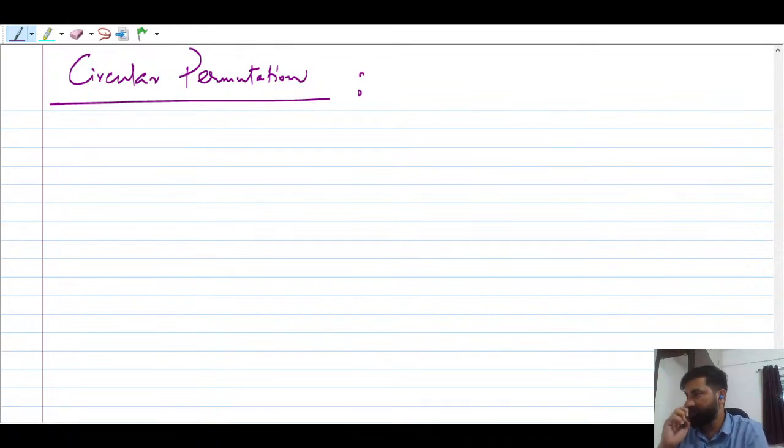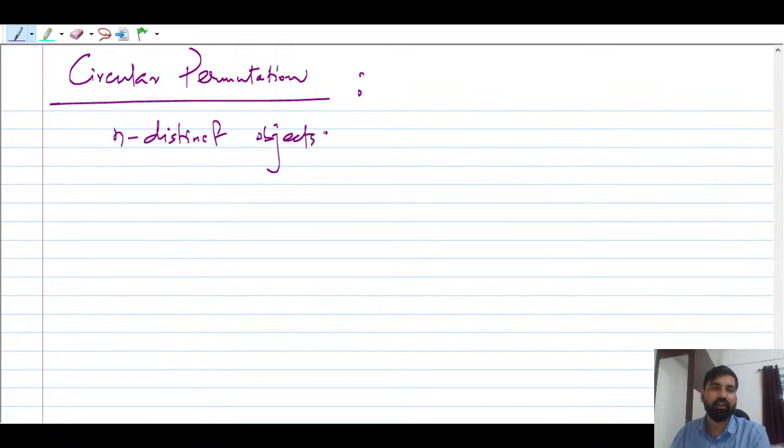Suppose there are n distinct objects. How many circular permutations are possible?